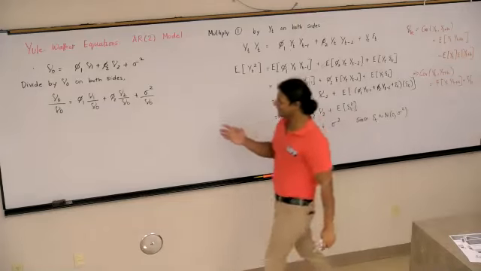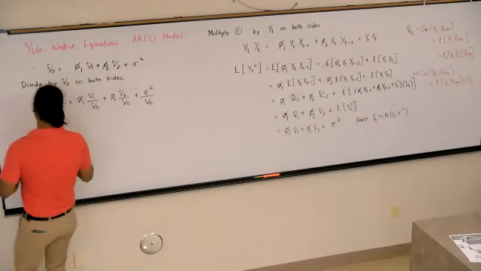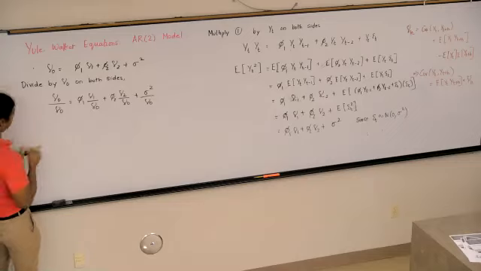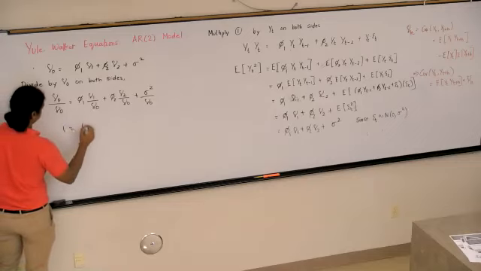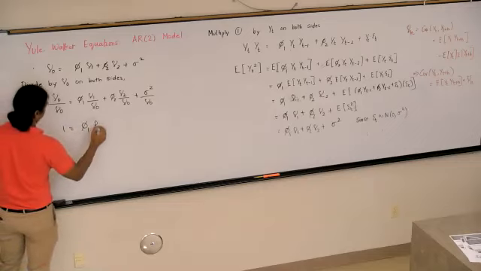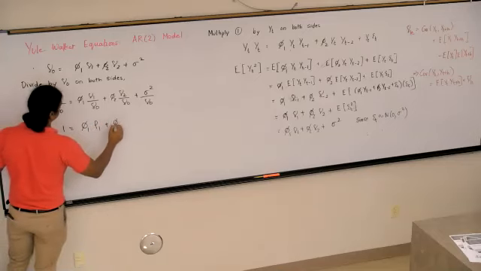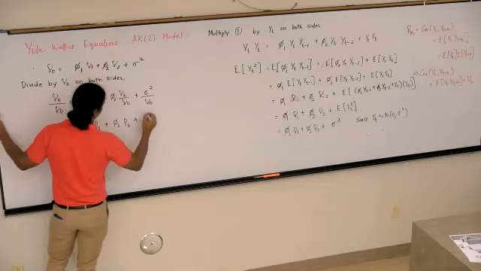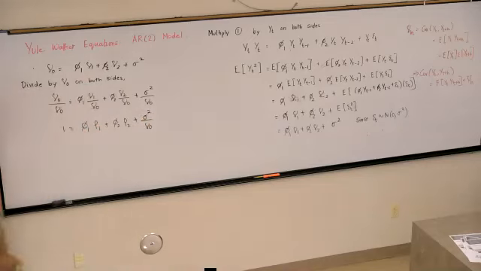If you divide by gamma naught, it is going to become rho 1. Rho h, I can't tell with your handwriting. Good. So that's what we would have.